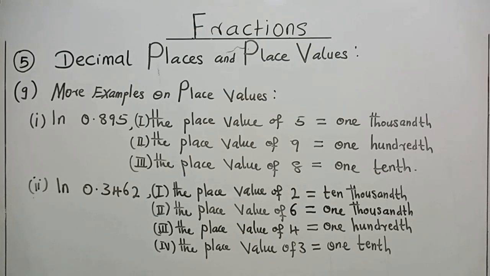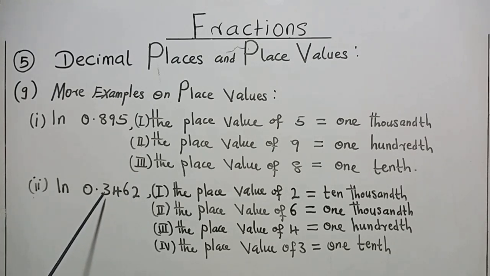And here are more examples. In 0.895, the place value of 5, that is this 5, is equal to 1,000. I hope you agree. And the place value of 9, that is this 9, is 100. And the place value of 8, that is this 8, is 1/10. I hope that is clear to you. Now, the next example is this. In 0.3462, it has 4 decimal places, you know.